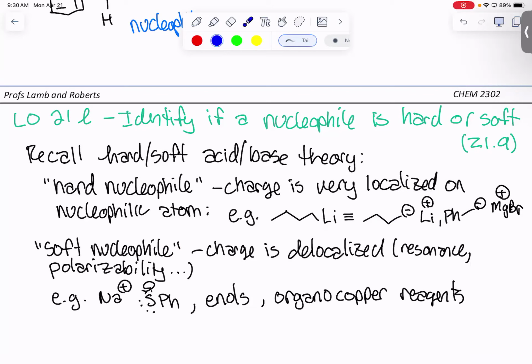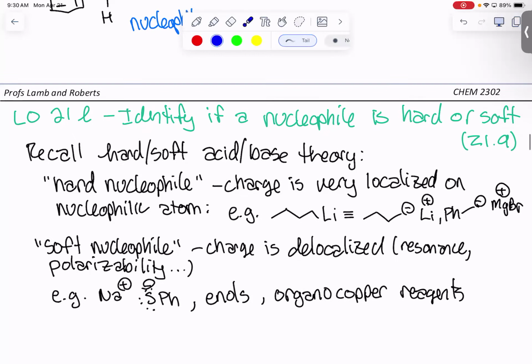Element number 3, that's super cationic. It's really not going to be great for that. But let's look at copper, element number 29 in the periodic table. We're now in the d block, so we have a lot of d electrons that we can play around with. And this leads to a lot of polarizability of where the negative charge is. So I'll draw those reagents out for you.